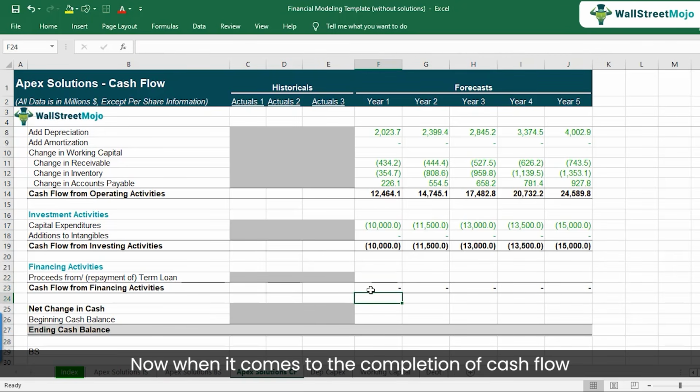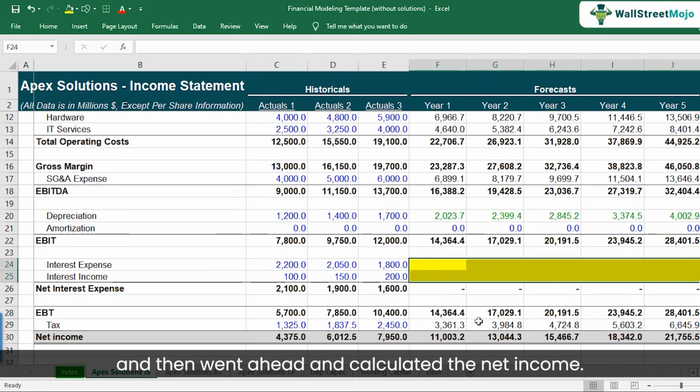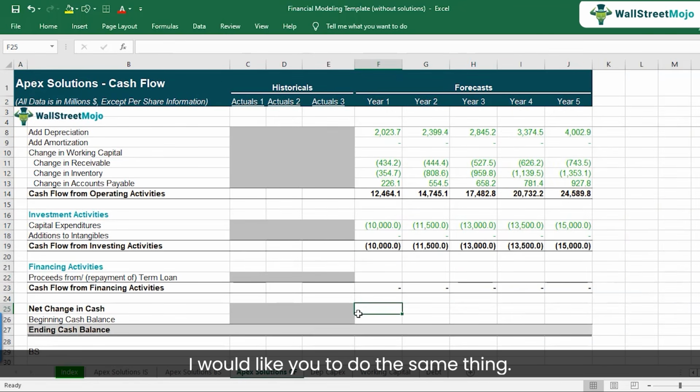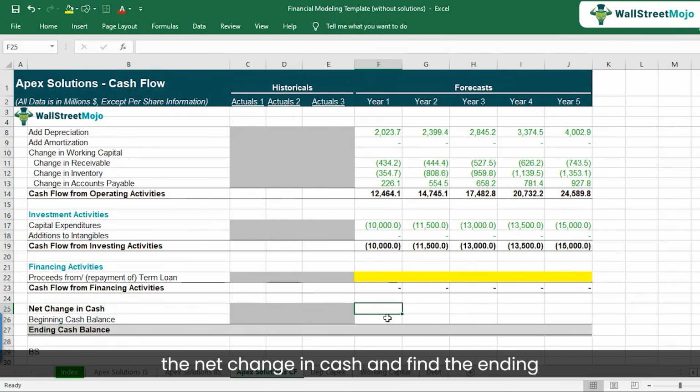Now, when it comes to the completion of the cash flow statement, like the way we did in the income statement, where we left these things and then went ahead and calculated the net income, I would like you to do the same thing. We leave this, and I want you to calculate the net change in cash and find the ending cash balance.